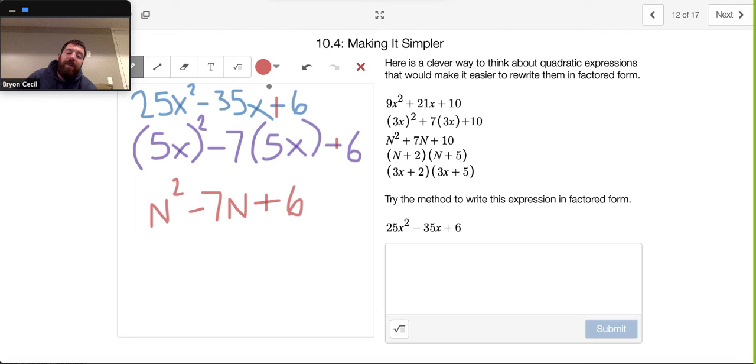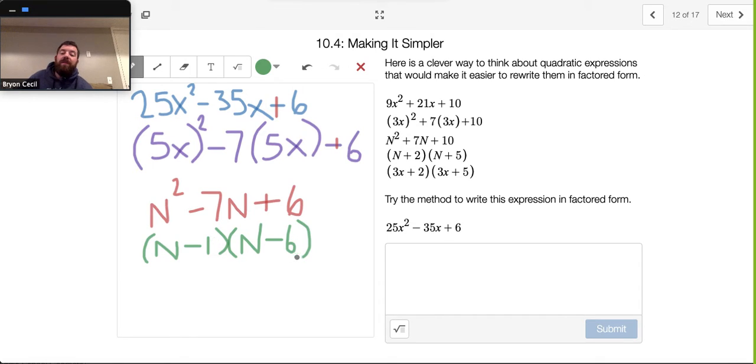And so now I'm looking at factors of 6 that when I add them together give me a negative 7. Well, we know then that could be n minus 1 and n minus 6.